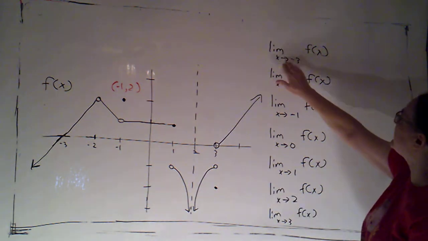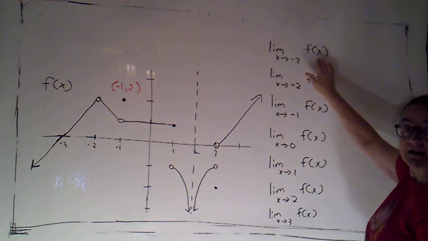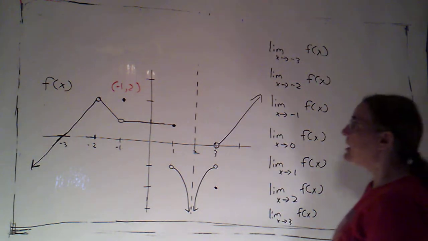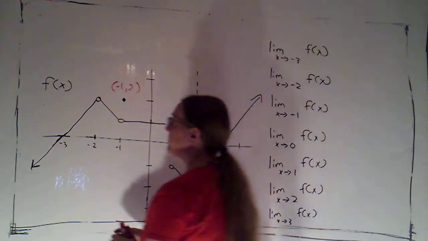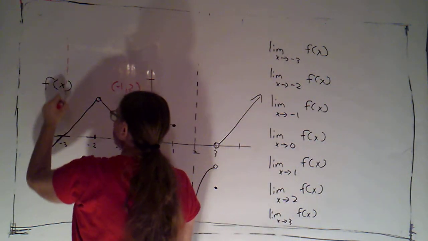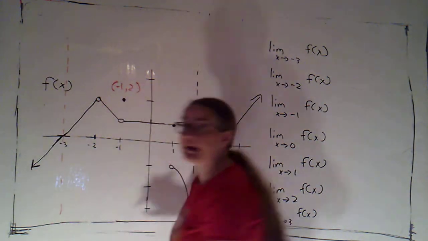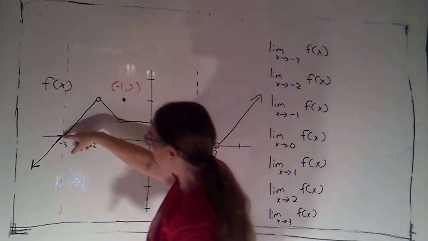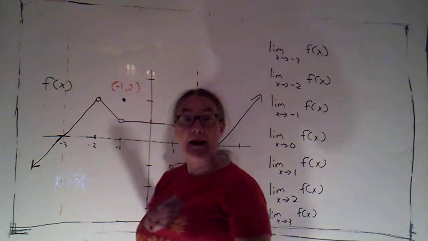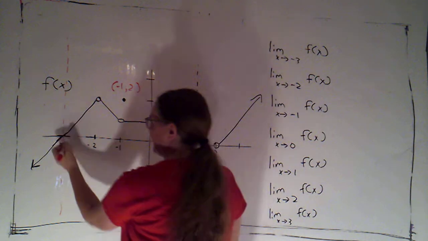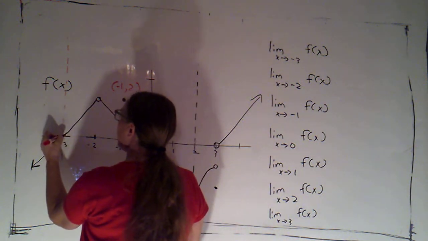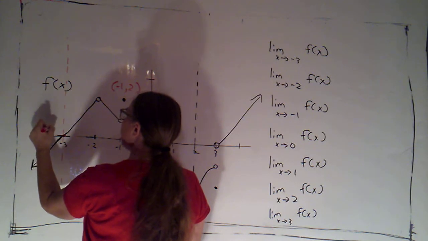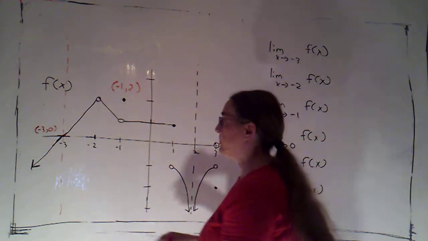I want to look at the limit as x approaches -3 of f of x. So here's -3. Now, of course, x is -3 anywhere on this vertical line at -3, so I want to look here and above and below to see where the graph is. In this case, it's actually right there. It looks like the graph passes through a point here at -3, 0.